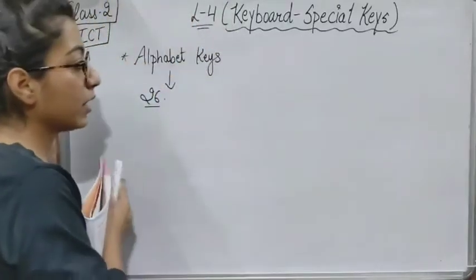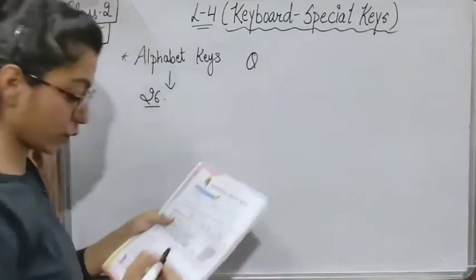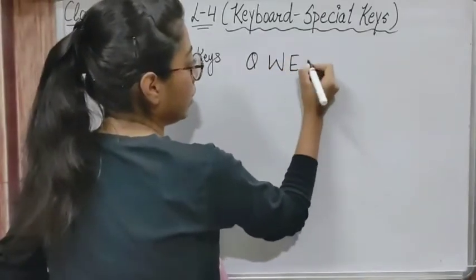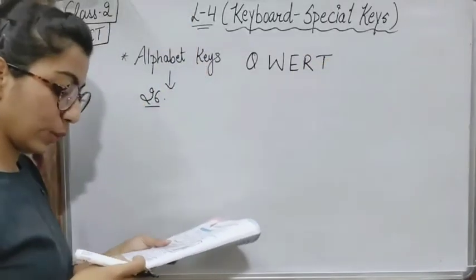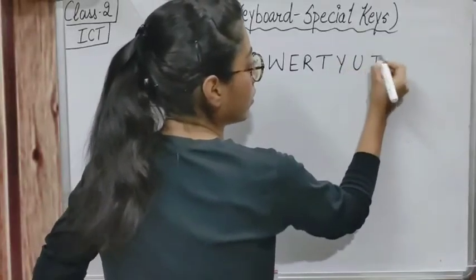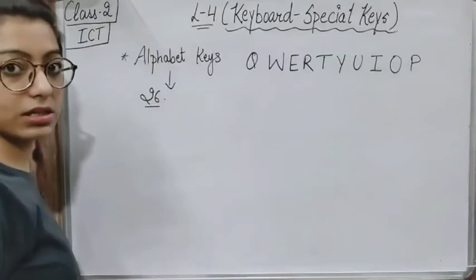Like I can make one for you here. Q, W, E, R, T, Y, U, I, O, P. This is the first line.